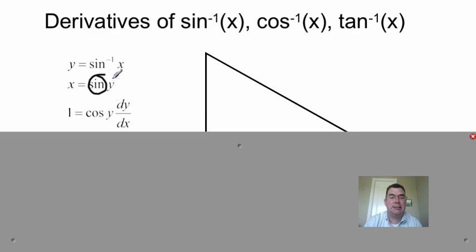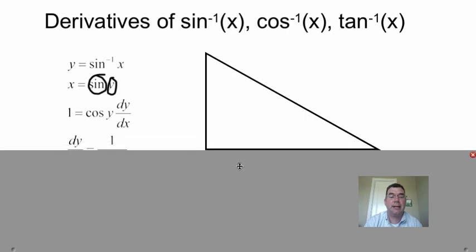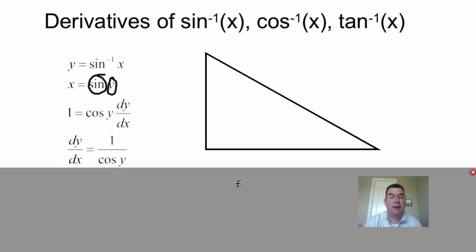But then I've also got to take the derivative of y and multiply by that after. I do know what y is, it's the inverse sine of x, but I'm just going to call it dy dx, because the derivative of y is always dy over dx, regardless of what the function y is. So now I'm going to solve for dy dx, and to do that, I just need to divide out that cosine of y.